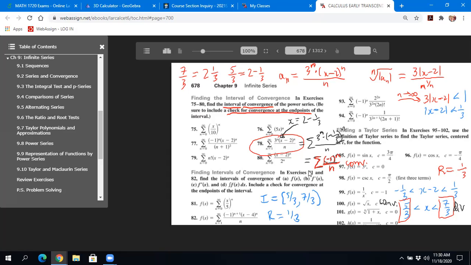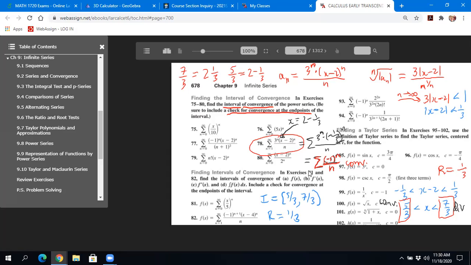No. If I would have used the ratio test, I would have come to the same conclusion for sure. So our radius of convergence is 1/3. The interval of convergence is given by that right there. We had to check the endpoints to sort everything out on that one. Any questions on that?